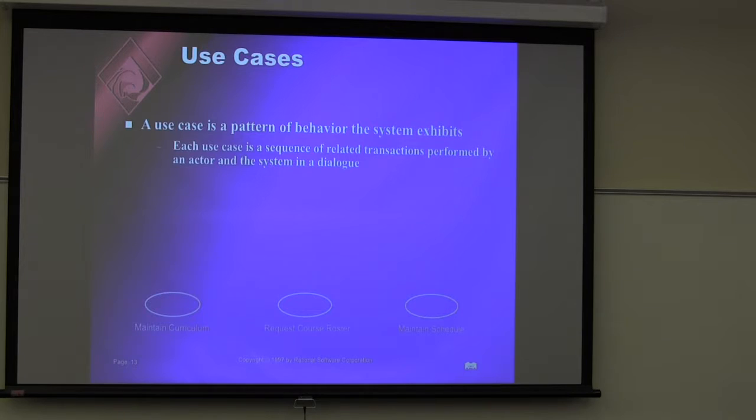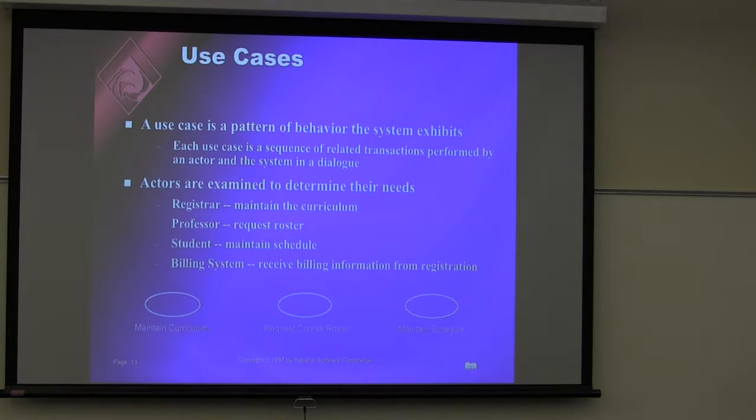So it's a pattern of behavior the system exhibits. In each case, a sequence of related transactions. This looks like the previous slide right there, but we can get a little more detail here now.